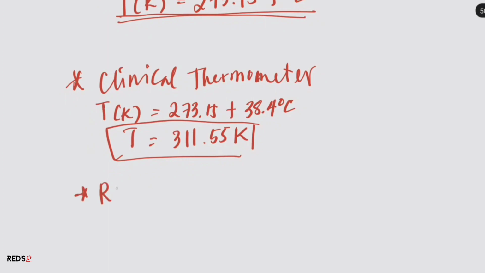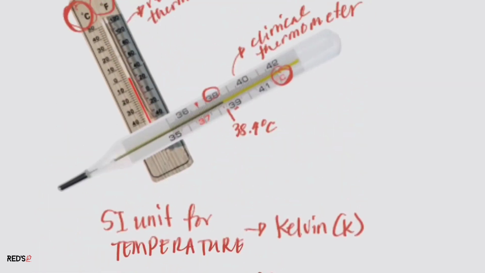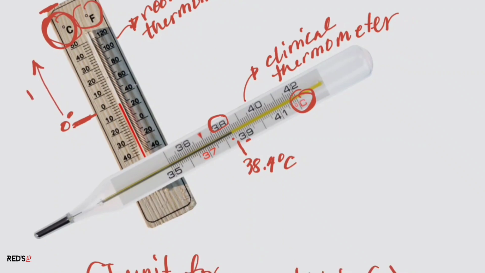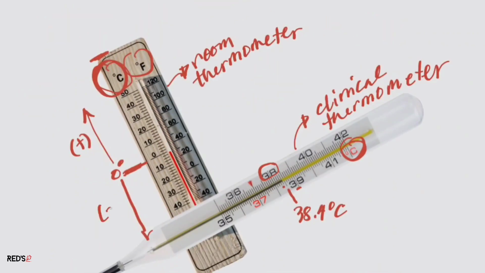And then for the room temperature, let's see. So in the degree scale, we have below 0 degrees. By the way, if we have a reference temperature in this scale at base 0, everything above is read as positive temperature. But if the value goes below 0 degrees, that will be negative.